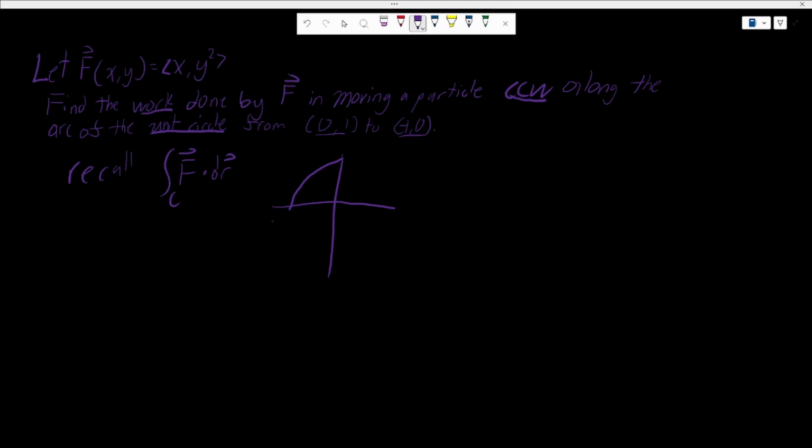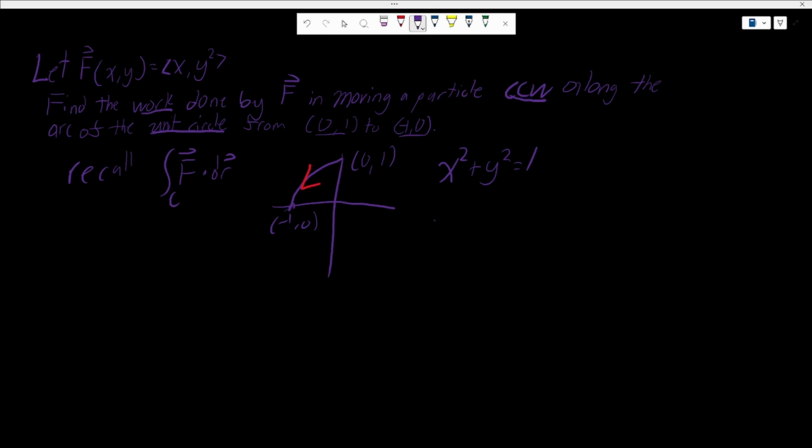So it looks like this right here, (-1, 0), and this is (0, 1) over here. And we're moving counterclockwise, so we are moving in this direction. We must first parametrize our curve. Right now, the unit circle represented in Cartesian coordinates is x squared plus y squared equals 1.